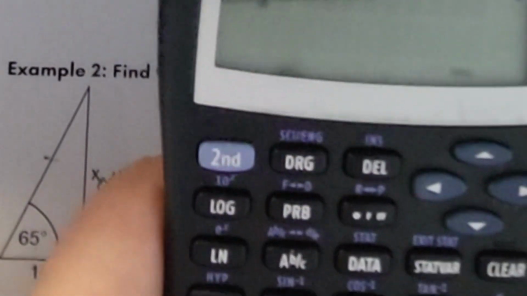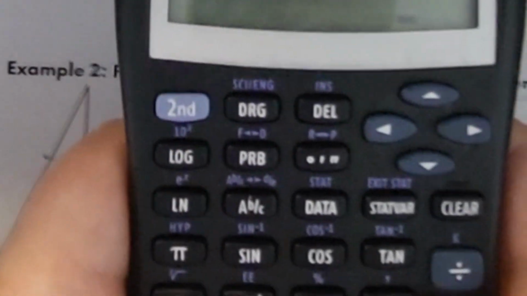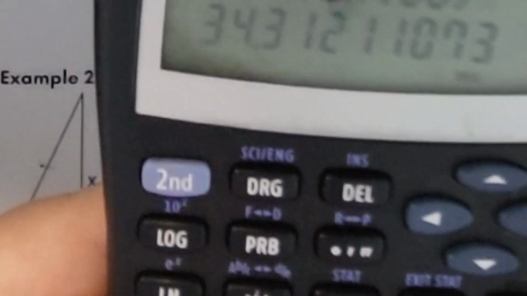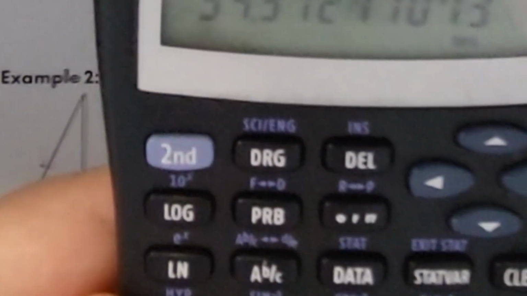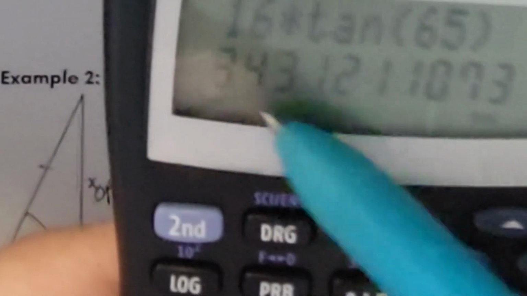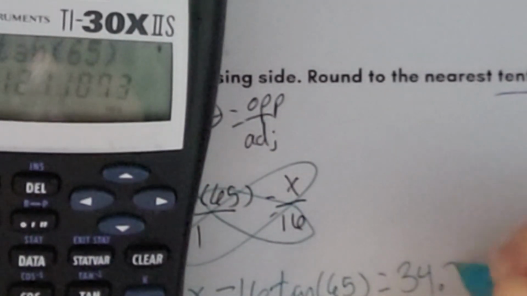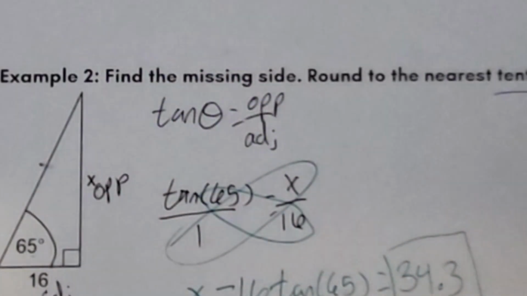So all we have to do is multiply those in our calculator. So I'm going to type 16 times tangent 65, close parentheses, oops, that equals 34.31, which rounds to 34.3. And that's it.